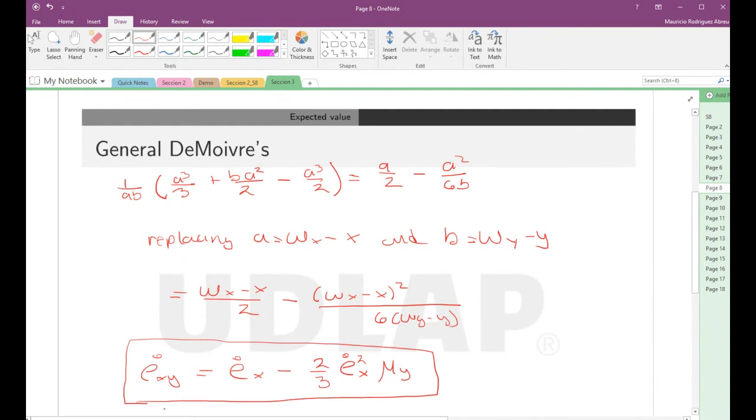So this is the general expression that we can use to estimate joint life expectancy when the differences between the age limits for X and Y are not the same, taking into account their age. I know you're probably thinking this doesn't look really easy, but trust me, sometimes it's better to use this expression than going with the long approach of getting the probability and then working through all the integration process.